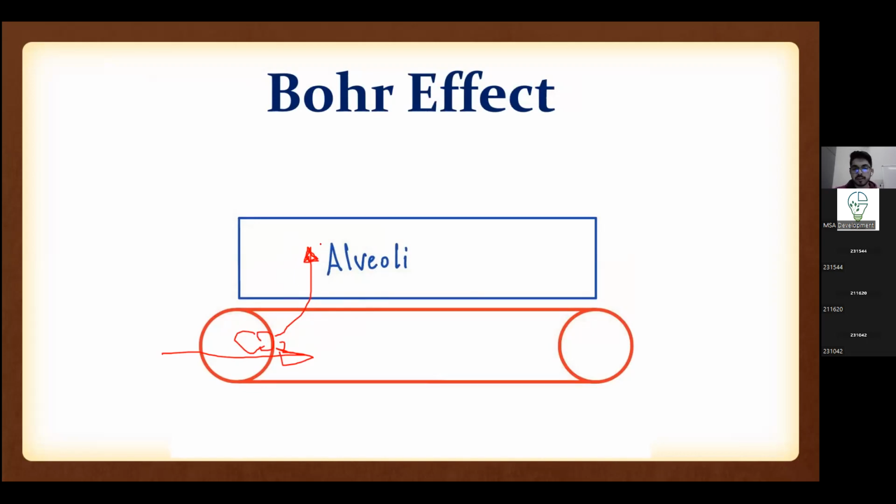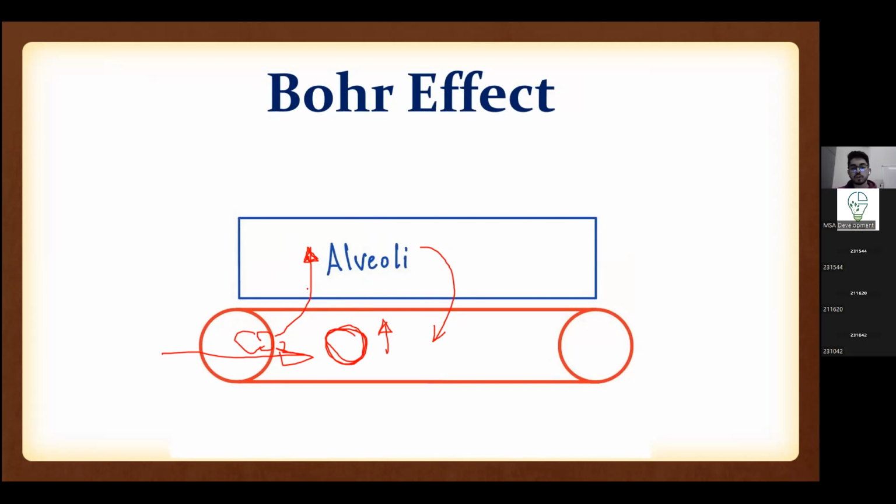This was yesterday's lecture, I guess. And when CO2 does that, the hemoglobin here is going to have a higher affinity to oxygen. So it's going to bind the diffusing O2 from the alveoli to the capillary with a higher affinity. Why does O2 diffuse from the alveoli to the capillary? Again, due to a pressure gradient.